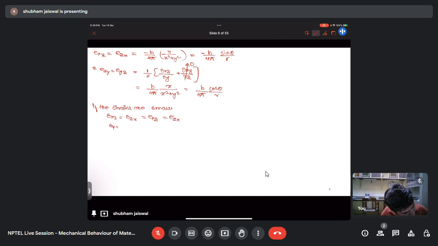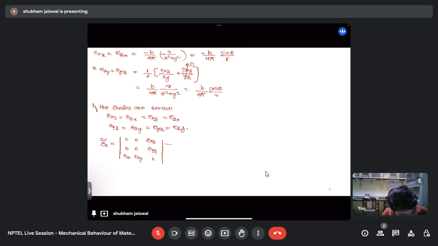Similarly, epsilon yz equal to epsilon zy equal to eyz equal to ezy. And if you write a strain tensor for this screw dislocation, we'll get a strain tensor something like this: epsilon of s for screw dislocation will be 0 0 exz, 0 0 eyz, ezx ezy 0. So this is the strain tensor for a screw dislocation.